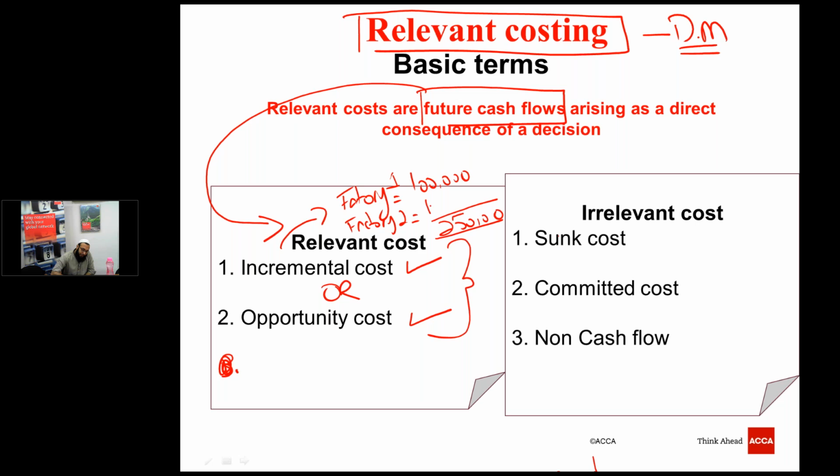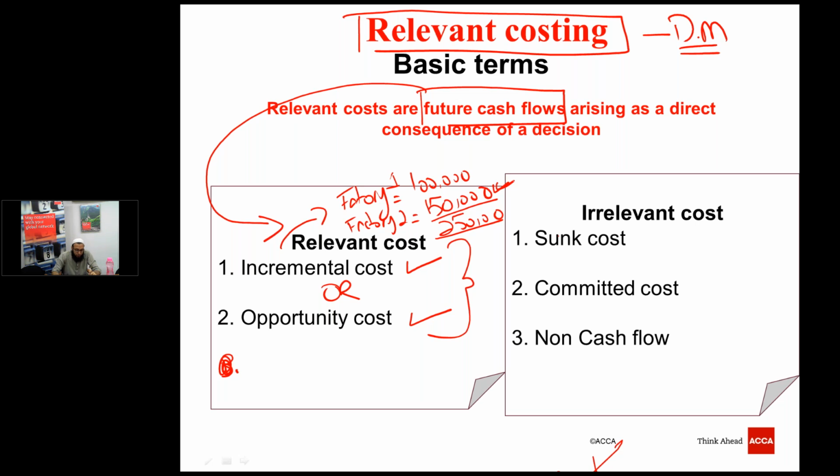So the incremental is 150,000. This is the incremental cost that increases because of a decision. So guys, if anything increases or decreases because of a decision, it will come under incremental.